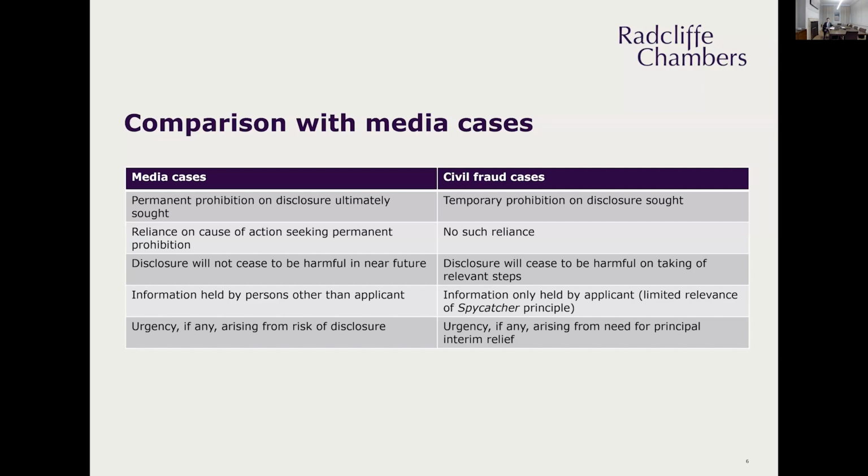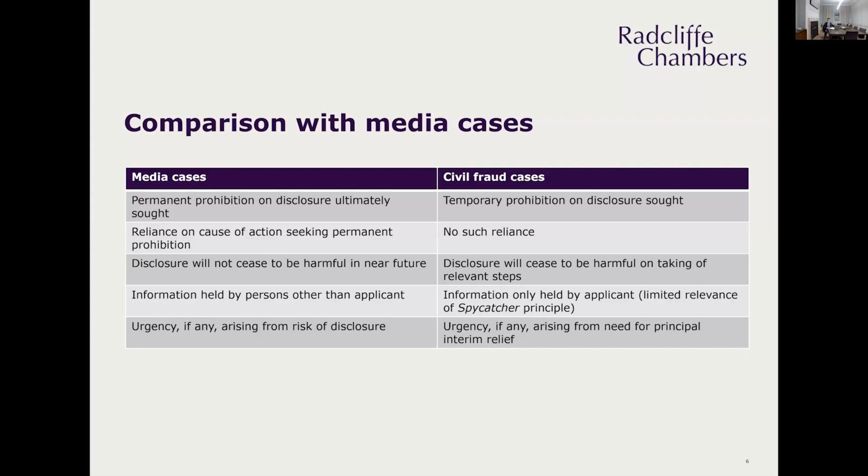So first, on the one hand, we have media cases. The media cases are typically cases where the claimant ultimately seeks to claim at trial for a breach of privacy, a breach of confidentiality, threatened contempt of court, threatened libel, malicious falsehood, or harassment, or something akin to that. And then on the other hand, we have the civil fraud cases.